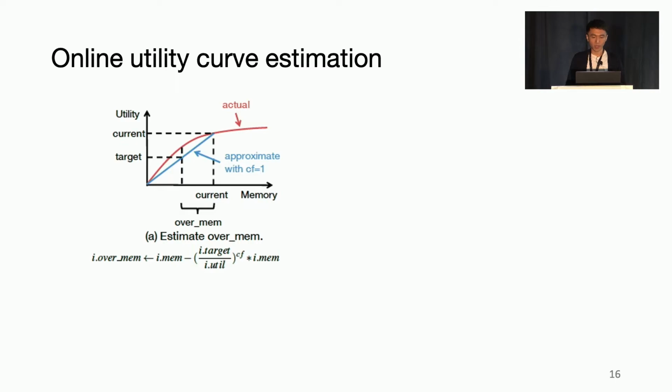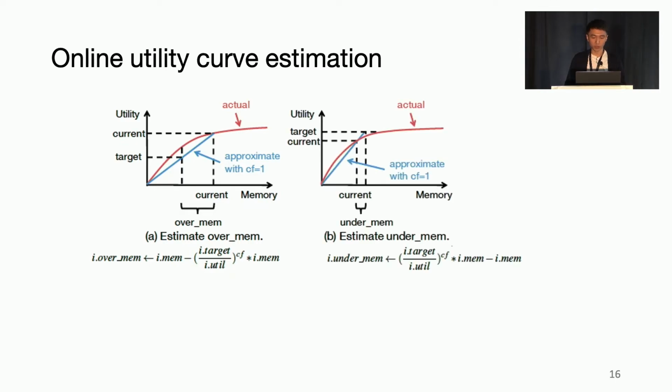For applications that have not reached their utility targets, we calculate the undermem, which is the amount of memory to be added to the application. As the figure and the formula show, the utility function is approximated with a polynomial function that intersects the origin. We set the CF to be larger than 1 to compensate for the concavity.